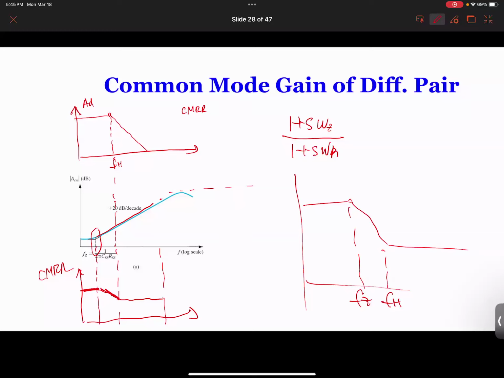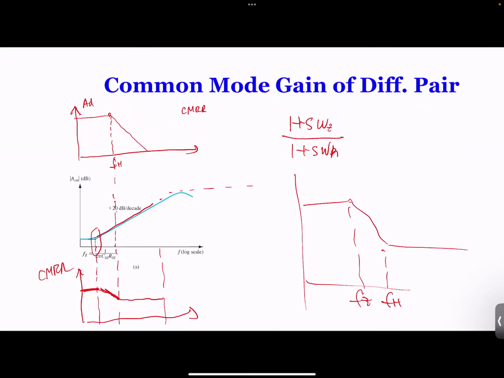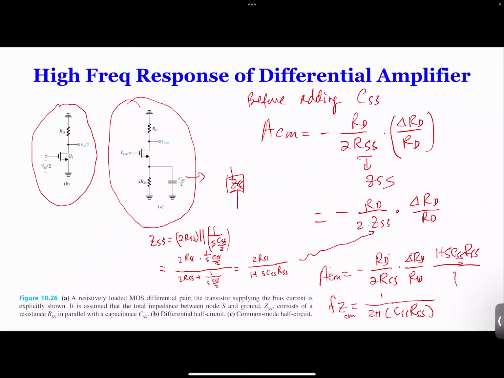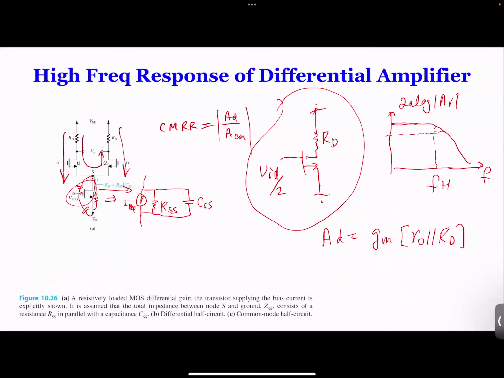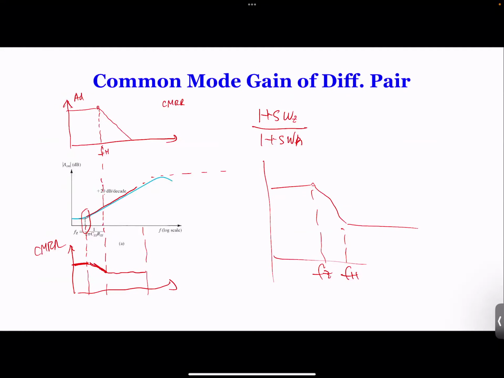But what happens if your FH is smaller than your FZ? You can basically draw the circuit similarly, but that's rare. Mostly your FZ will be smaller than your FH because of the CSS. If we go back to the circuit, you will notice why. If I draw the circuit, you have this MOSFET.